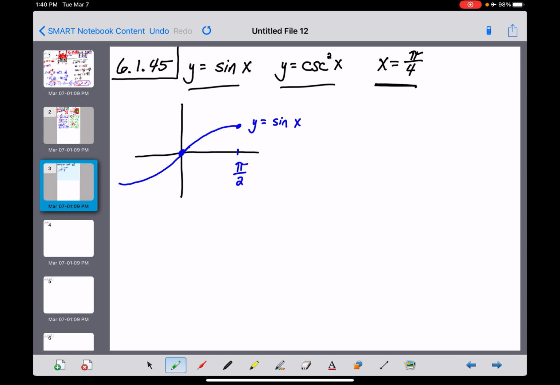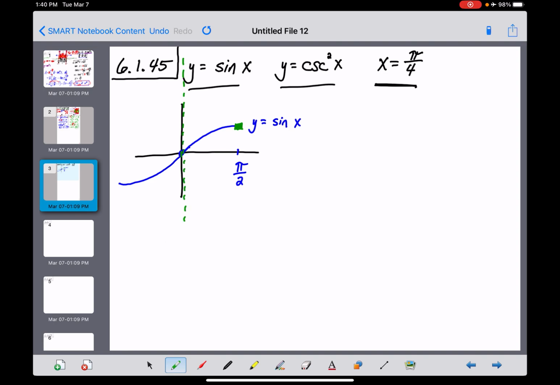Cosecant is just the reciprocal, so let's take a look. For example, at pi over 2, right here, guys, when sine is 1, cosecant is the reciprocal of that, so it would have the exact same value here. Then, at the origin, where sine is 0, cosecant is the reciprocal of 0, which is undefined. That means we're dealing with a vertical asymptote for the graph of cosecant.